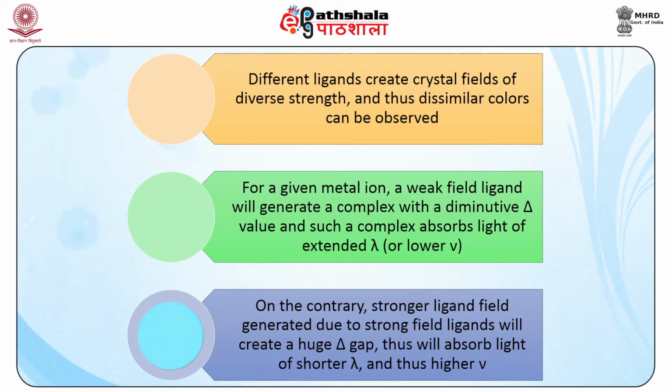On the contrary, a stronger ligand field generated due to strong field ligands will create a huge delta gap, and thus will absorb light of shorter lambda and thus higher frequency.